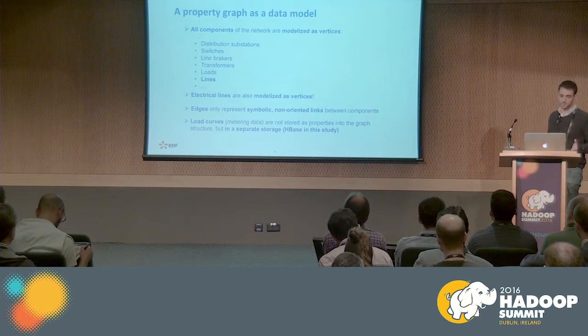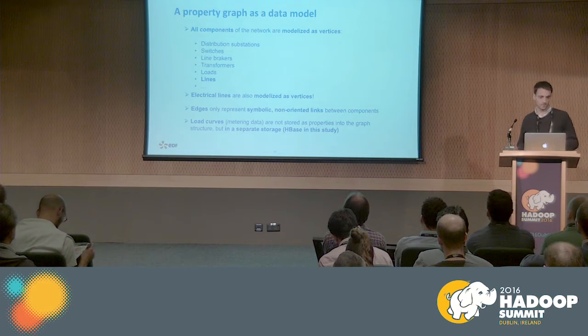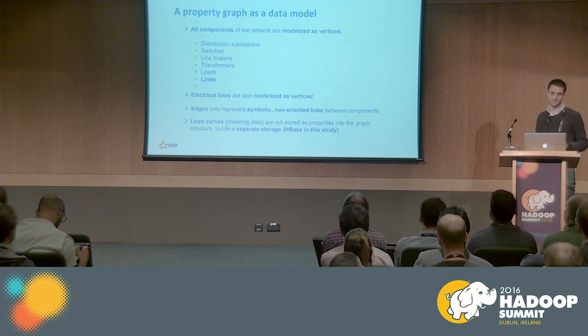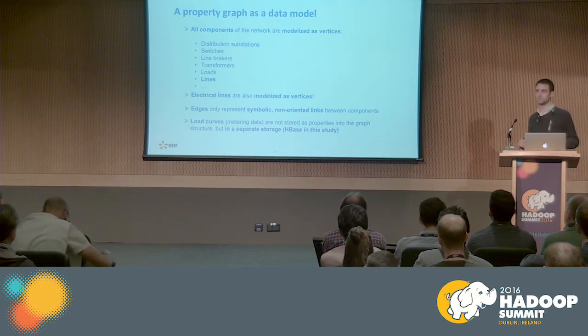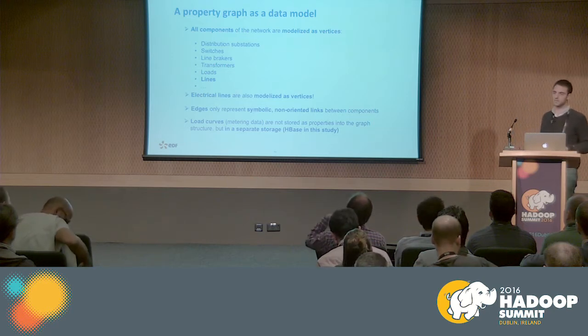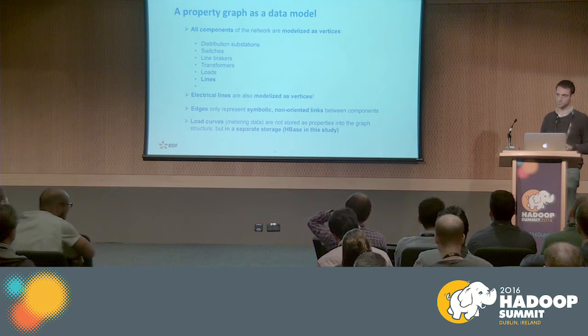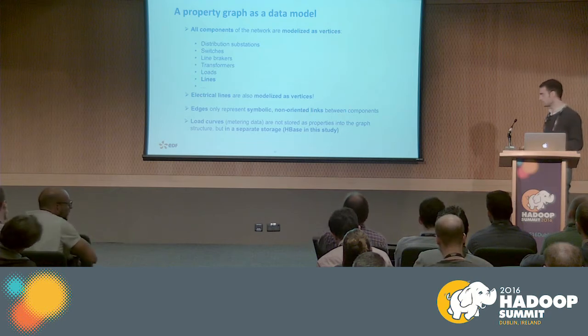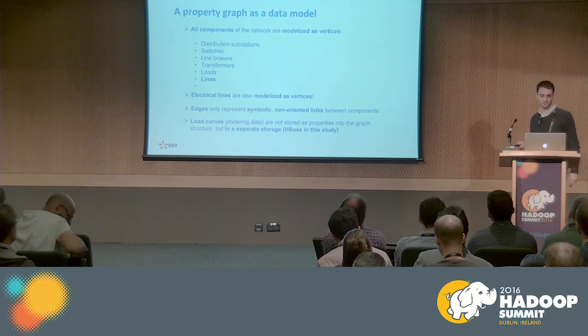As a consequence, edges represent only symbolic links between components. Moreover, edges are not oriented because electricity can flow in one direction and the other way around, depending on the configuration of the network. And finally, it's important to notice that metering data are not attached as properties into the graph, but are managed in separate storage. In this study, we use HBase.